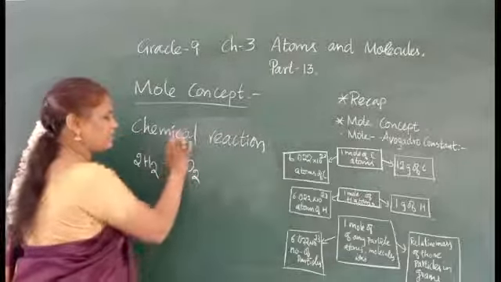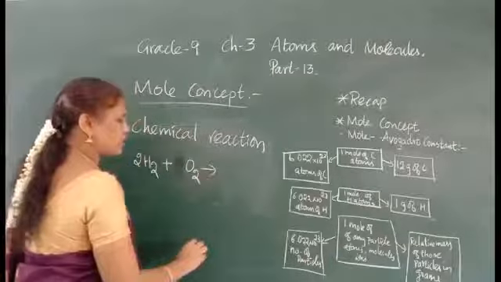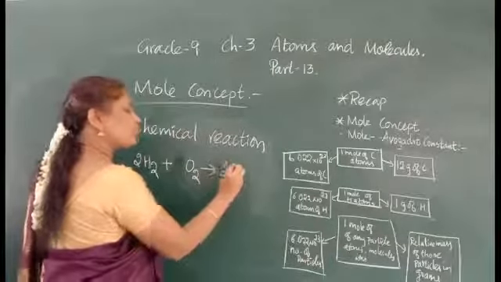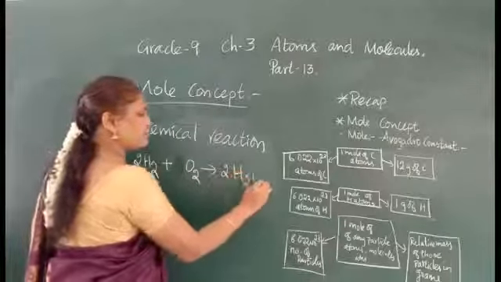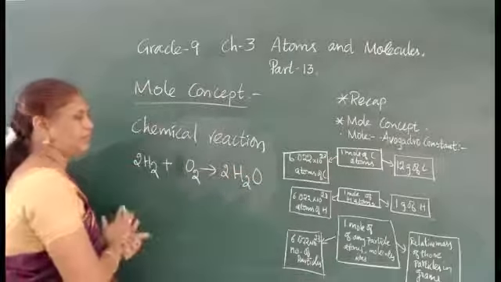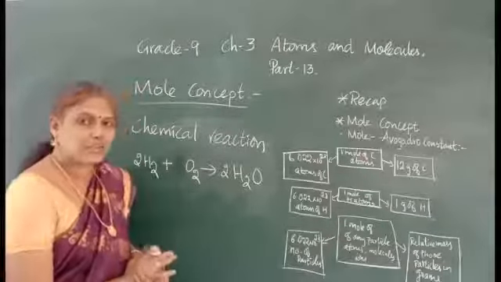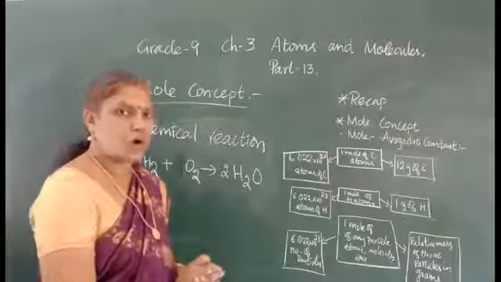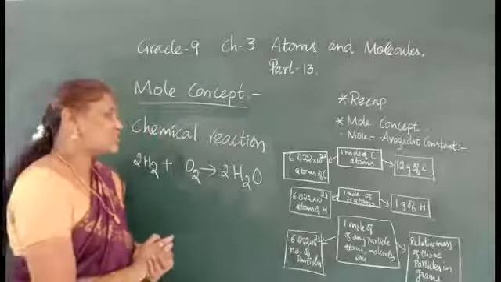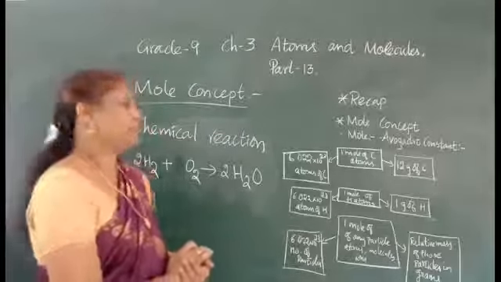We may not even write the one. So it gives 2 molecules of water. So 2 molecules of hydrogen react with 1 molecule of oxygen and give 2 molecules of water.